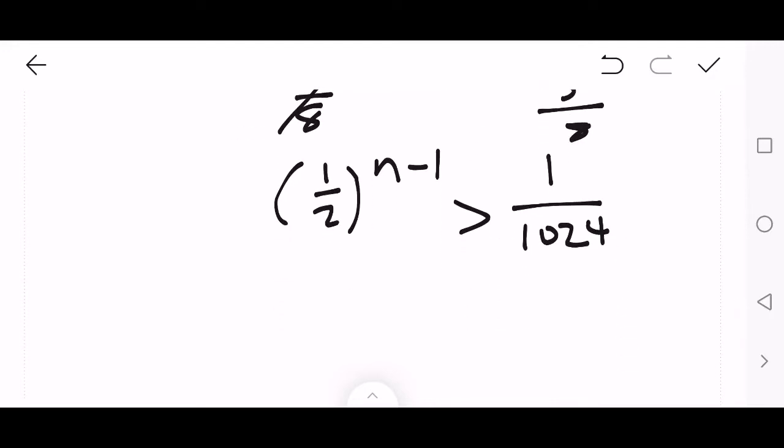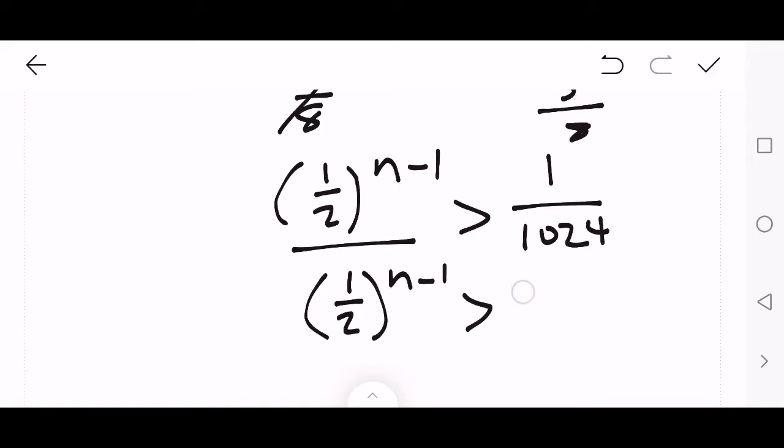So let's keep this expression, and we'll have 1 over 2 to the power n minus 1 is greater than, well, this is 1 over 2 to the power 10.